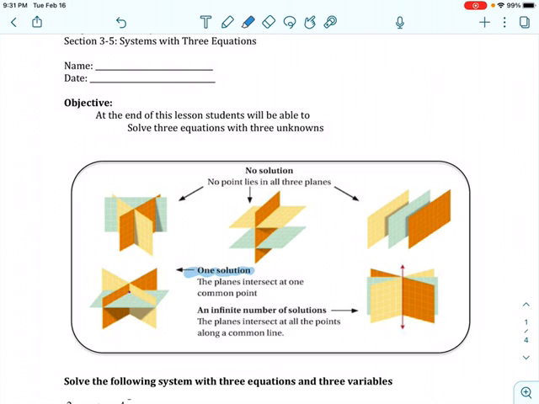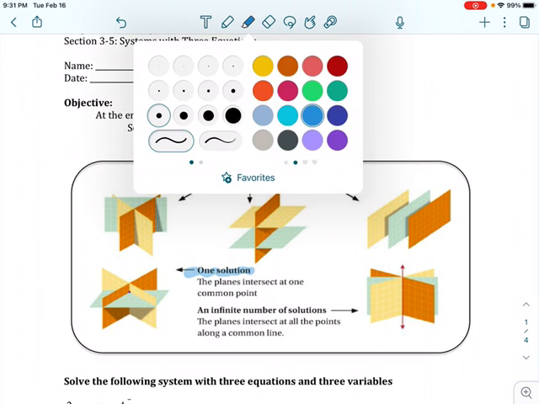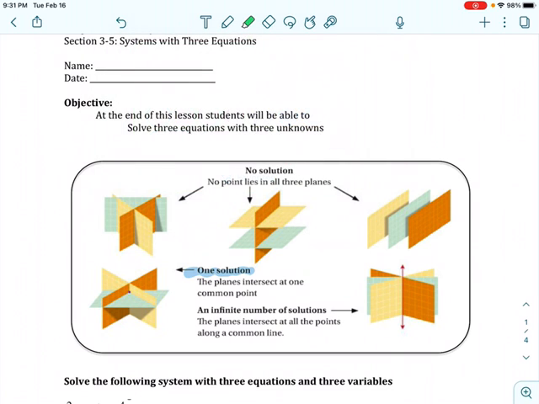And just like in the other ones, you can have no solution, meaning that we're not finding all three planes intersect. They may all three be parallel. Two might be parallel but intersected by a third. They may intersect two planes at a time, creating a little triangle there.